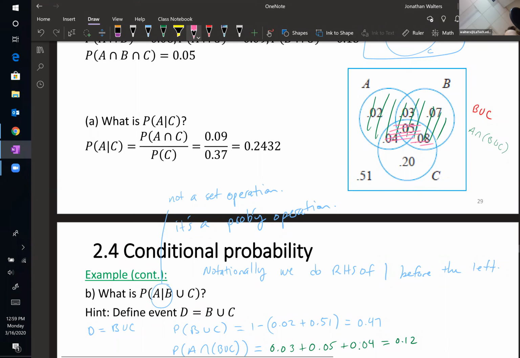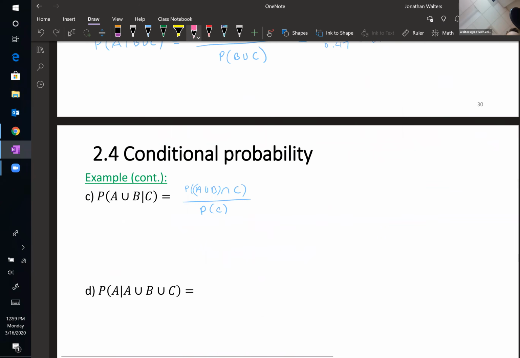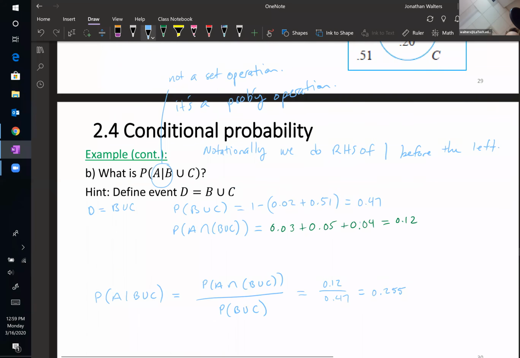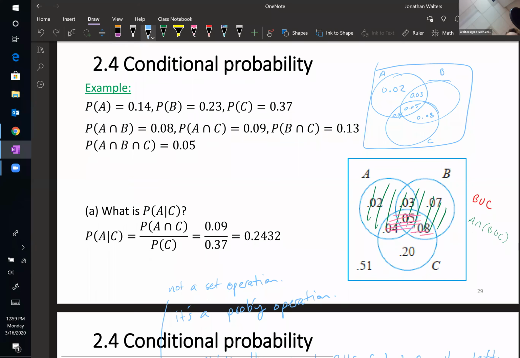So I'm going to add these two together, 0.05 and 0.04, so that's 0.17. That's going to be equal to 0.17 divided by the probability of C, which was given as 0.37.